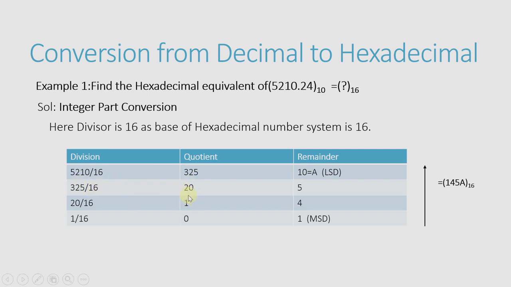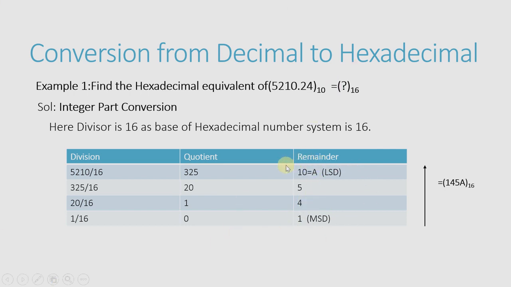Again we get the quotient 20 and the remainder is 5. Pick up the quotient, divide it by 16. We get the quotient 1 and the remainder is 4. Pick up the quotient 1, divide by 16. Now the quotient becomes 0 and the remainder is 1. So here we stop the calculations and we again look at the remainder part.